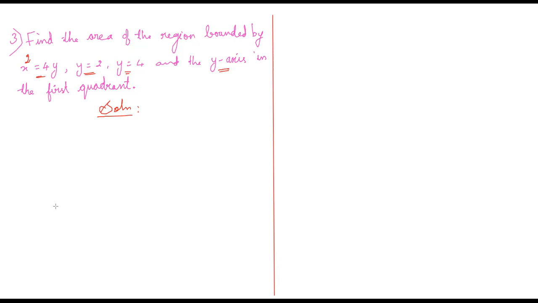It is the parabola x square equal to 4y, right? The parabola is symmetric about the y-axis and opens upward. There's no minus sign, so it opens upward. So let us draw the graph first.